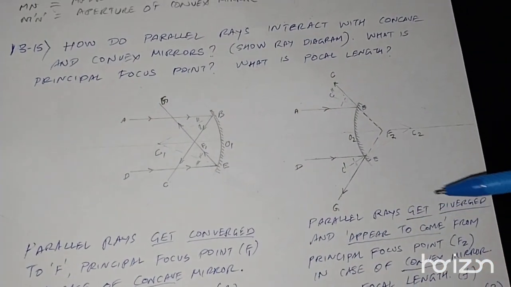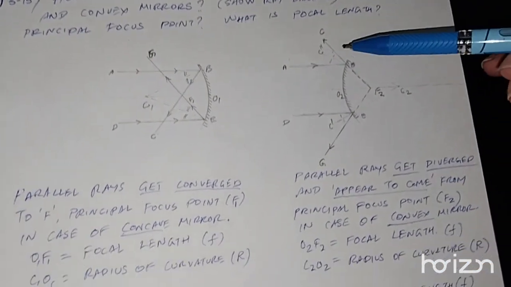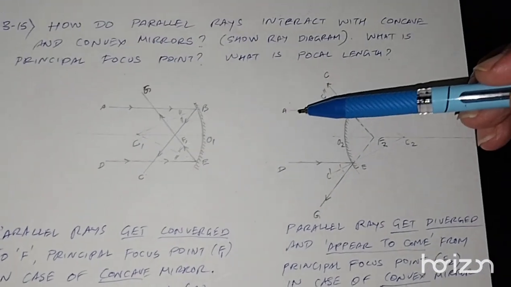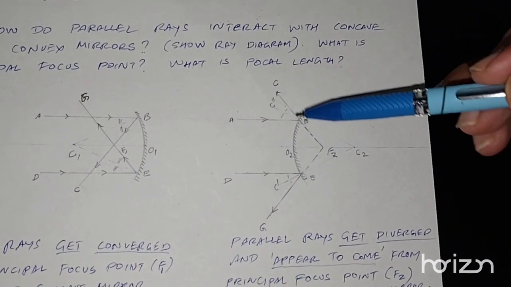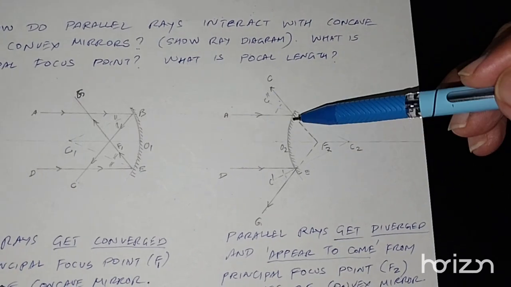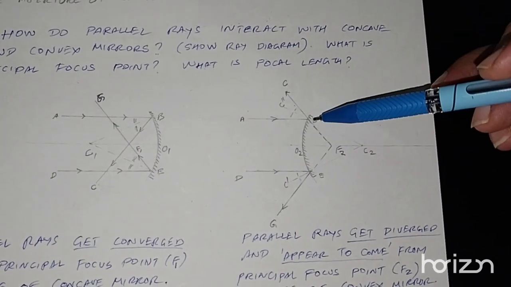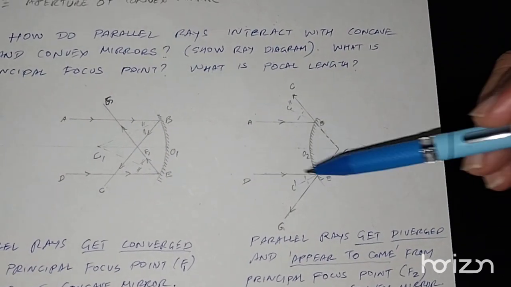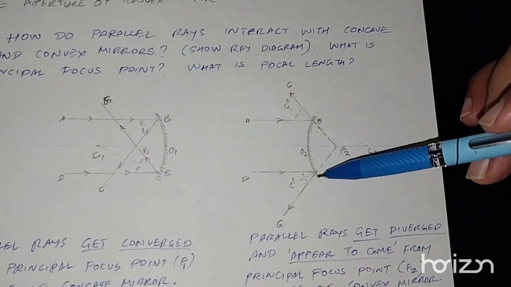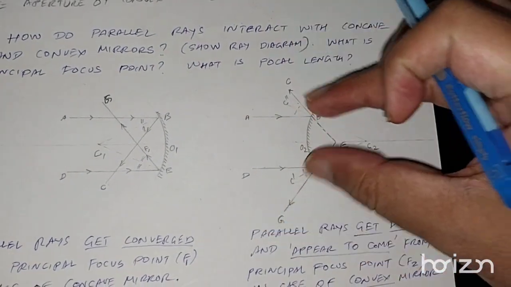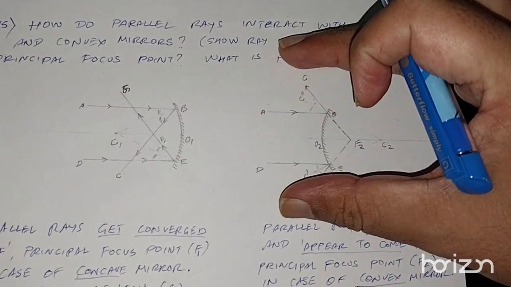Okay, what happens in the case of a convex mirror? See, the ray is coming like this and it gets reflected, it gets diverged. You see this, AB is getting reflected along BC and DE is getting reflected along EG. So whatever was parallel is now getting diverged. It's not converging, it's diverging.